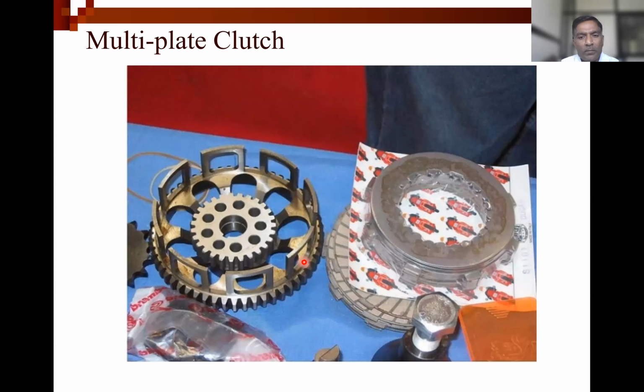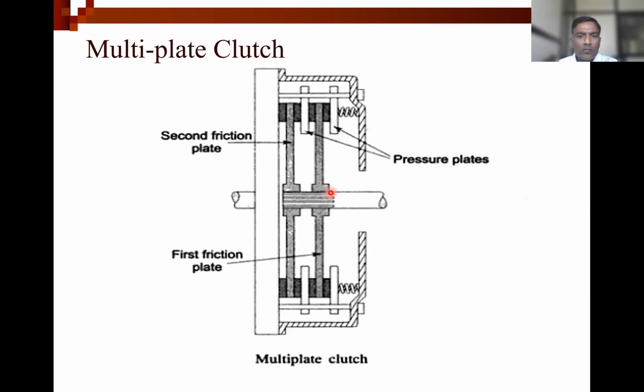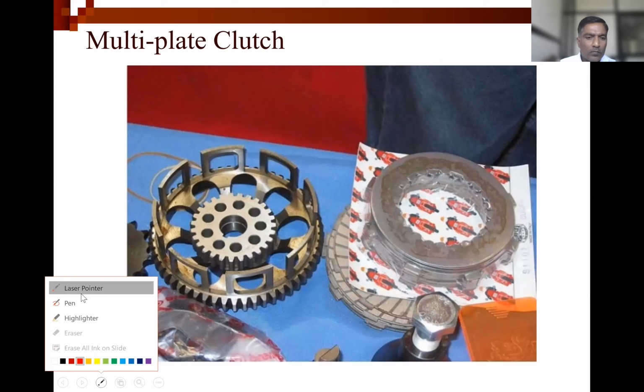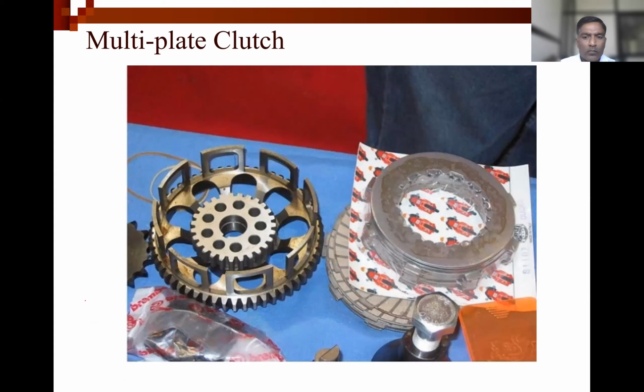So you can see the various elements. This one is the frictional lining.